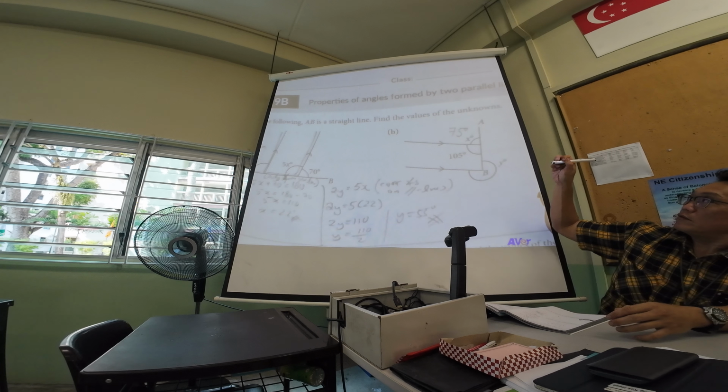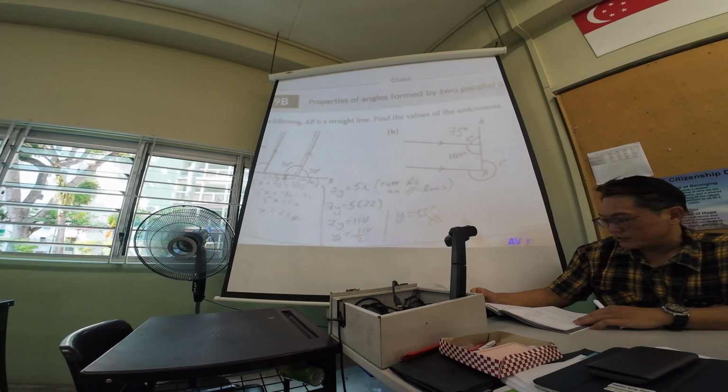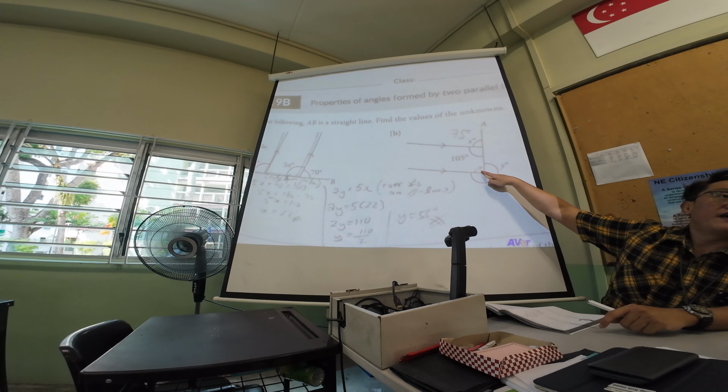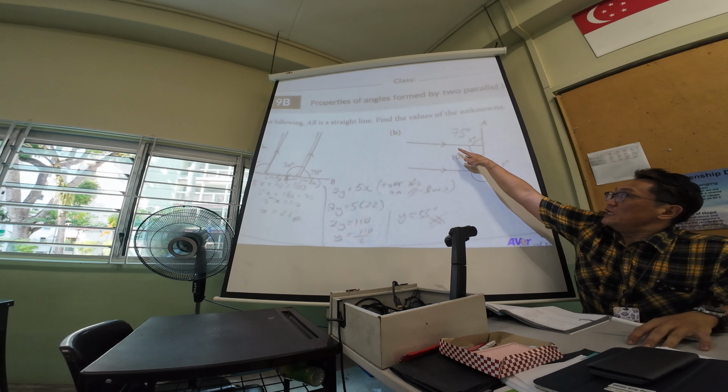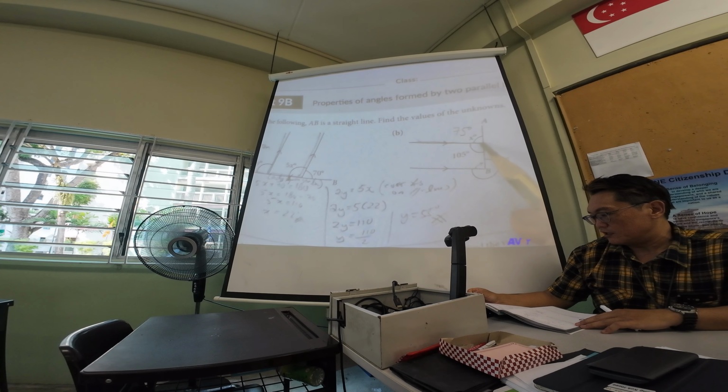After that, there are two ways to find here. This angle, they never mark one. This angle here, I can find one way, internal angle on parallel line. There is a U shape here.